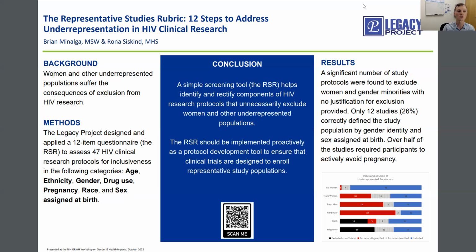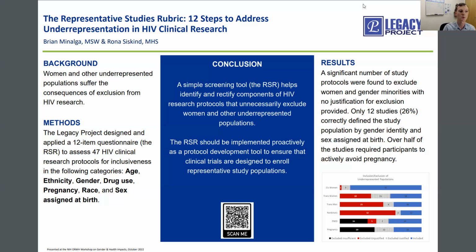For example, question 2 on this 12-item questionnaire asks, are cisgender women eligible to participate in the trial, yes or no? If the answer is no, the questionnaire asks, is there a reason or justification stated for the exclusion of cisgender women? So there are 12 such questions on the RSR, or Representative Studies Rubric.